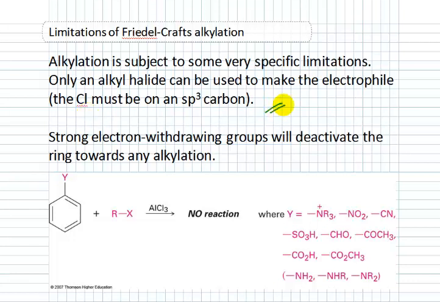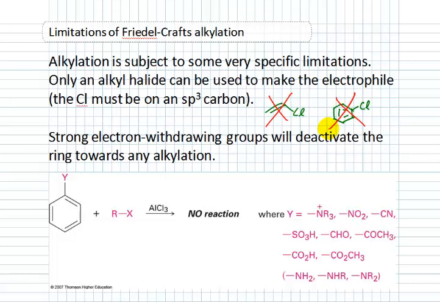That means a vinyl halide will not work. Chlorine cannot be on a double bond. An aryl halide will not work. The chlorine cannot be on an aromatic ring. Okay? An alkyl halide is what we need.